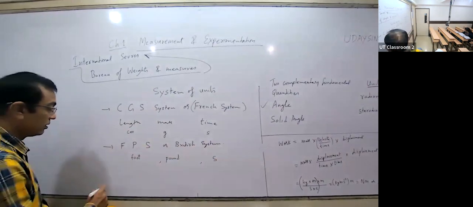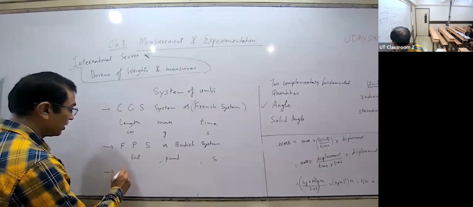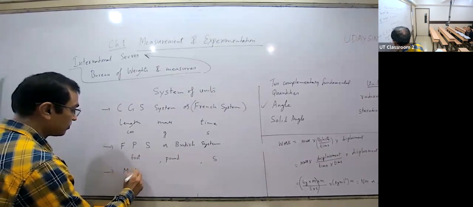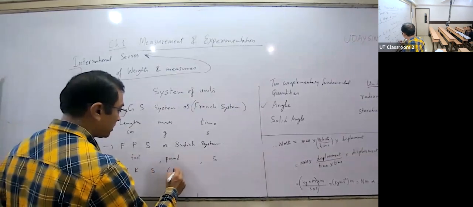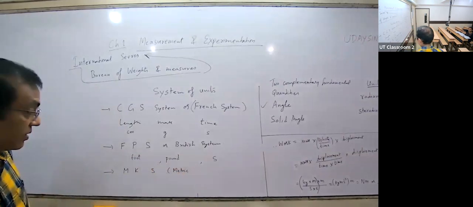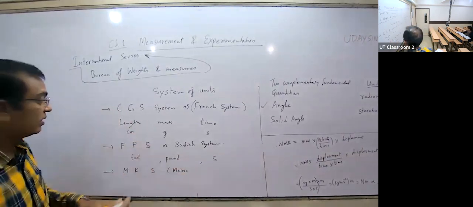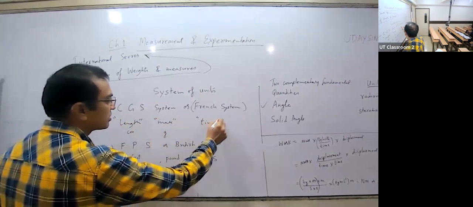Then you had the metric system, or MKS system. Length, mass, and time everywhere: these quantities were measured differently in different systems.